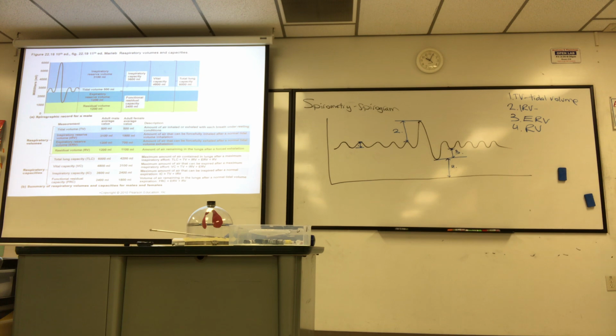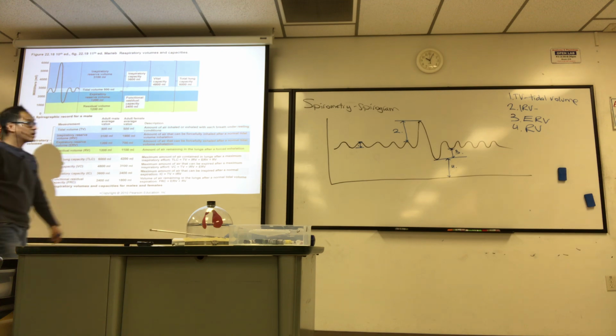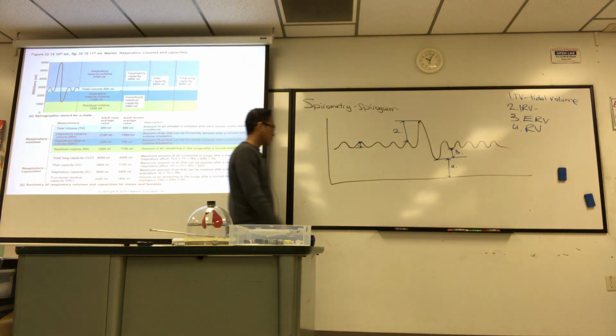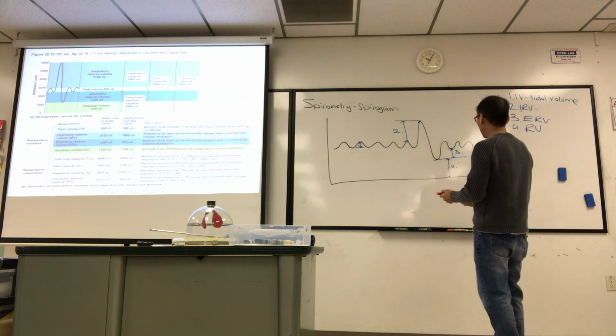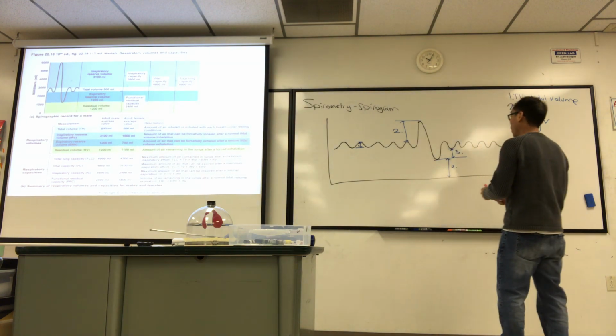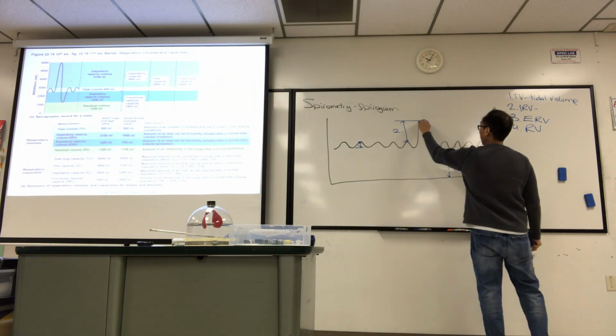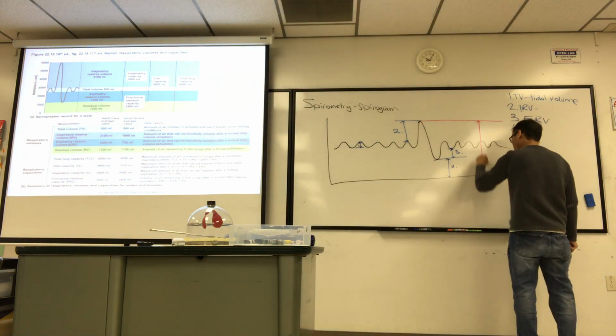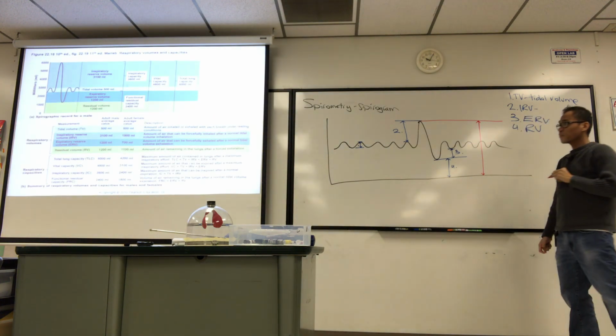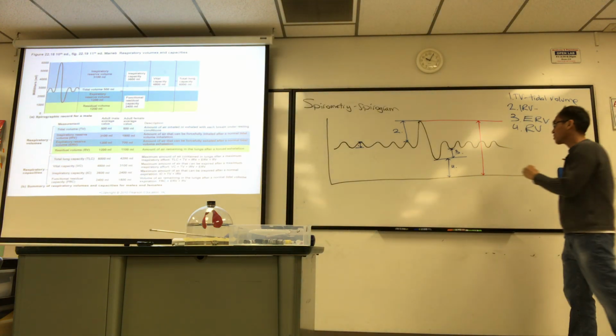these volumes can be added up to different capacities. For example, the total lung capacity, I'll just go in order that they're going for. So it's like all of it, from top all the way to the bottom. That's your total lung capacity.